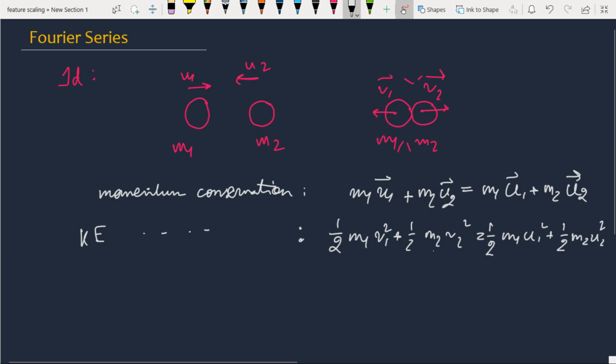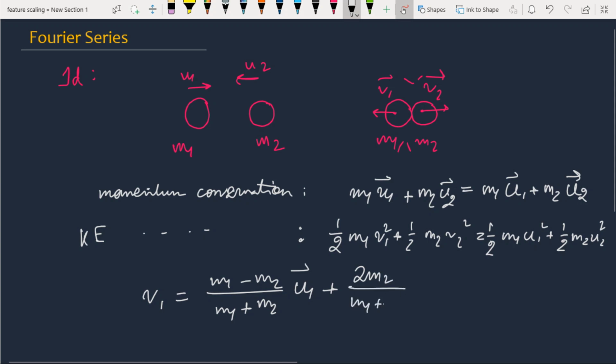If we solve the two equations, which I am definitely not going to solve here because it takes a little bit of time, I'm just going to write the value of v1 after solving. We will get v1 equal to (m1 minus m2) divided by (m1 plus m2) times u1, plus 2m2 divided by (m1 plus m2) multiplied with u2.